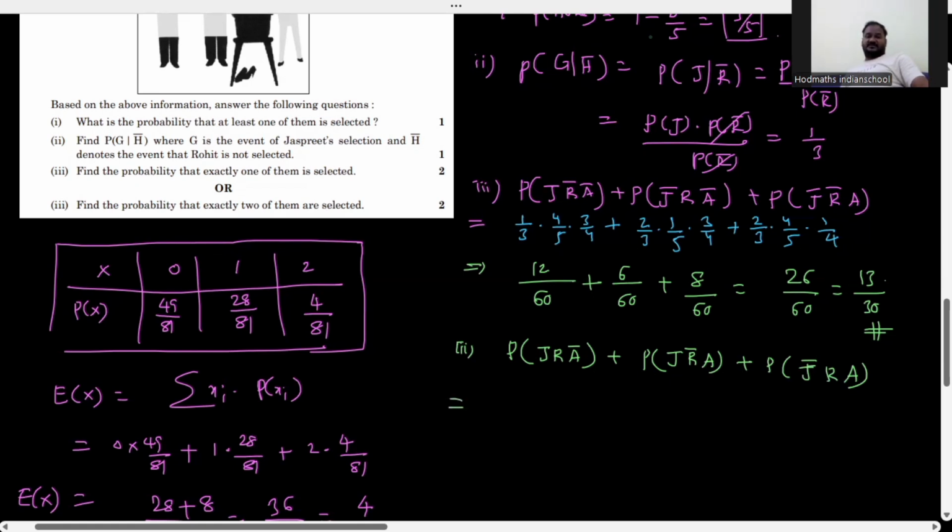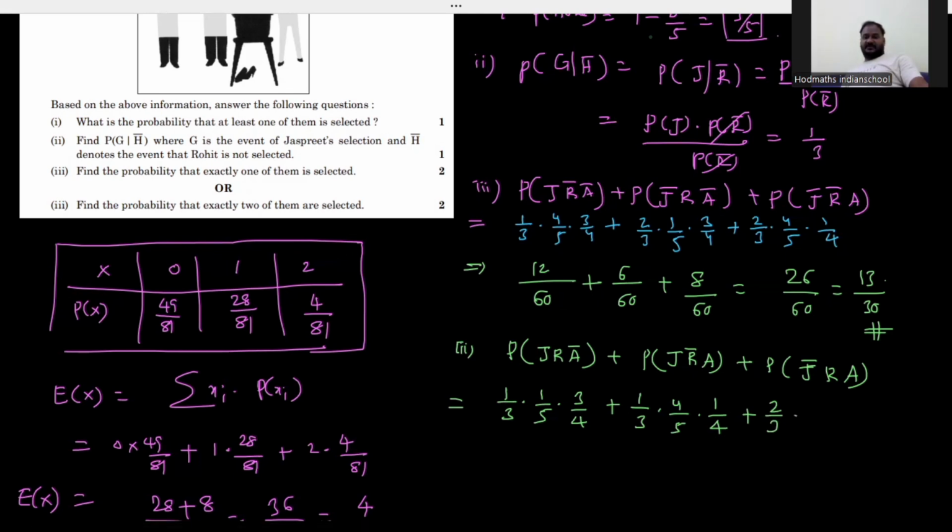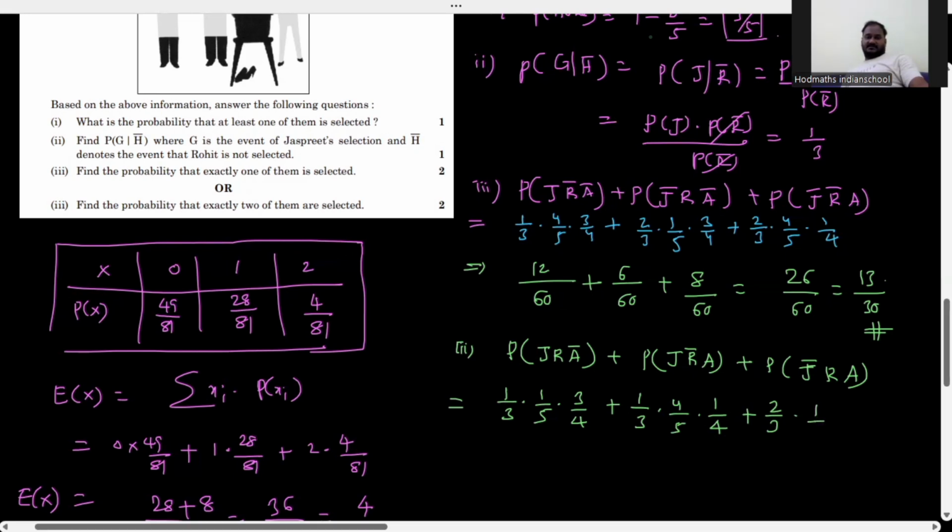So the probability of Jasprit selected is 1 by 3 and Rohit selected is 1 divided by 5 but Alia not selected is 3 divided by 4. Similarly, Jasprit selected 1 divided by 3, Rohit not selected 4 divided by 5 and Alia selected 1 divided by 4, plus Jasprit not selected 2 divided by 3, Rohit selected 1 divided by 5, and then Alia selected 1 divided by 4.